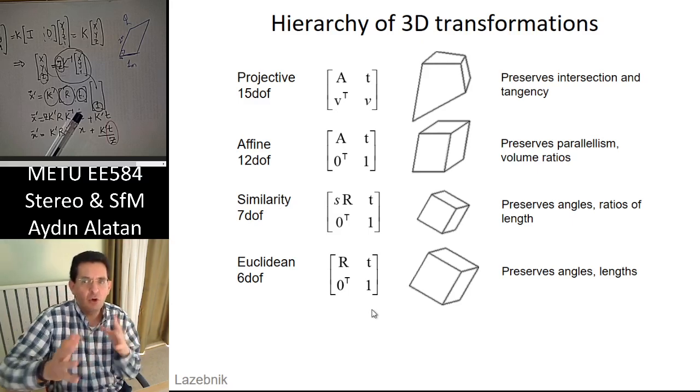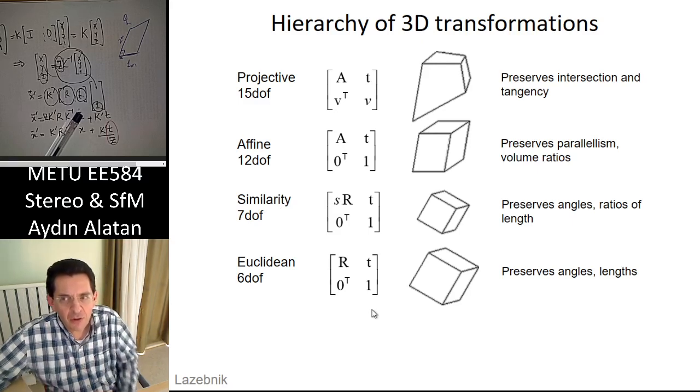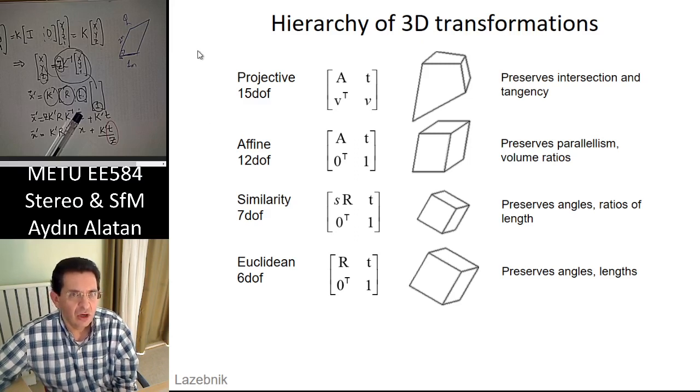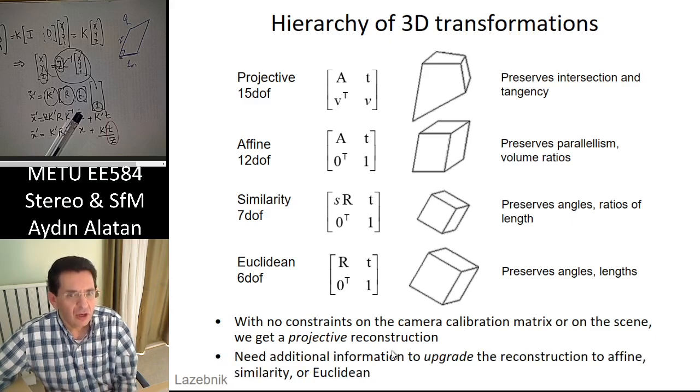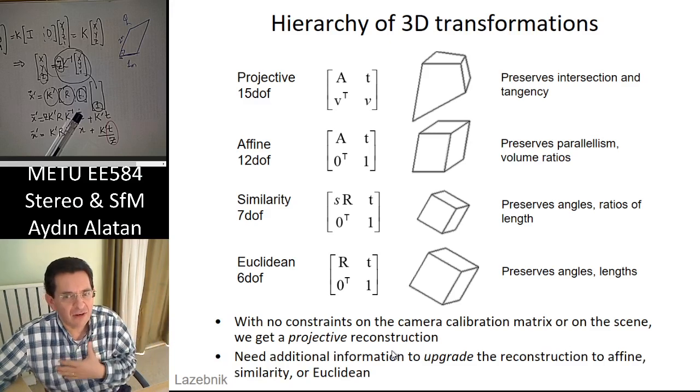Okay, these could be the transformations, but if you deal with projective reconstruction, you are dealing with this. But if you insert your calibration matrix into the problem, you are dealing with this kind of scenario. Okay? Therefore, if you don't have anything about calibration, you are doing a projective reconstruction. You can upgrade your reconstruction to affine or similarity using some tricks.